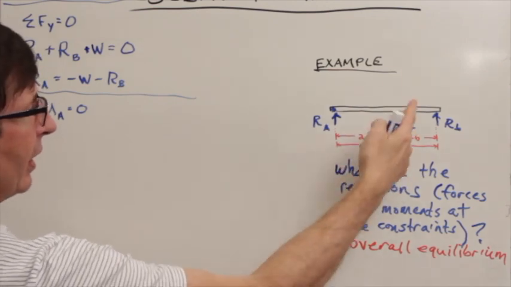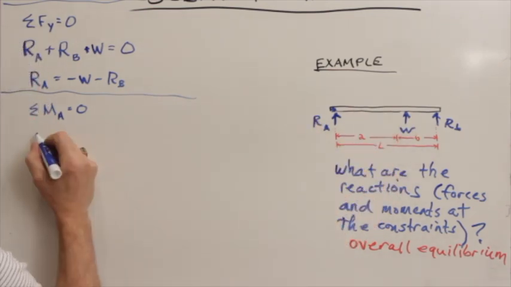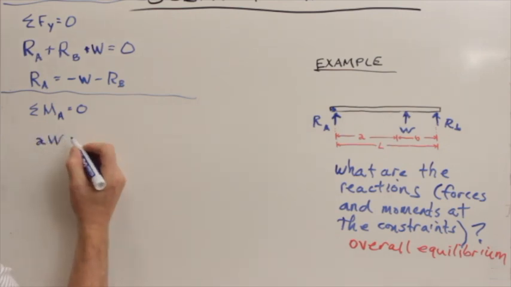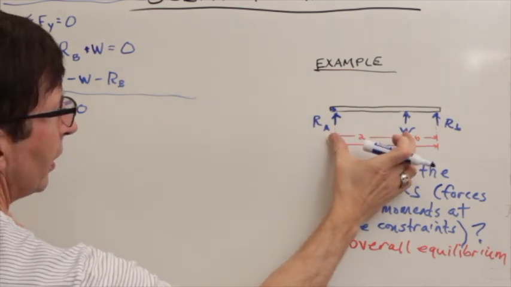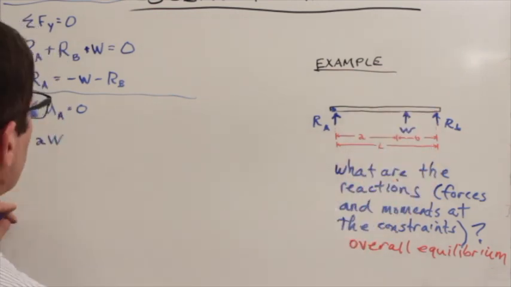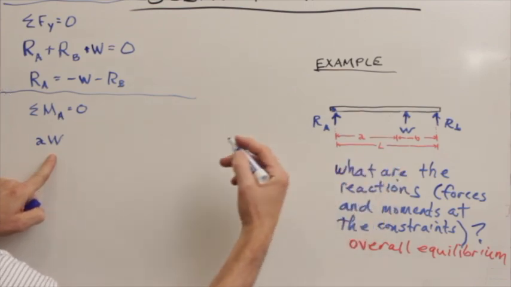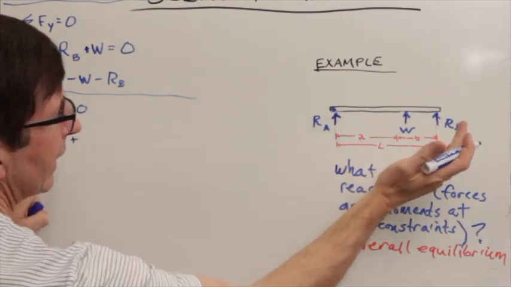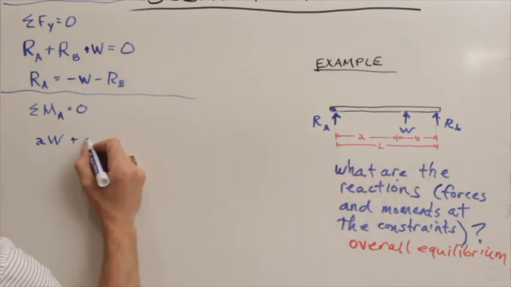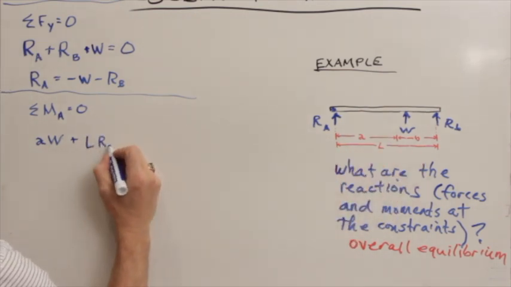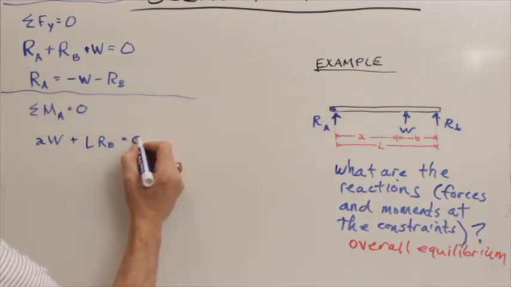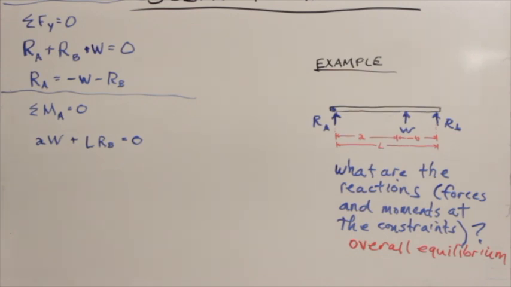And then we've got a positive AW, which is the lever arm, the perpendicular distance to the force, times its magnitude, plus, again positive, RB at a distance L, L RB, is equal to 0.